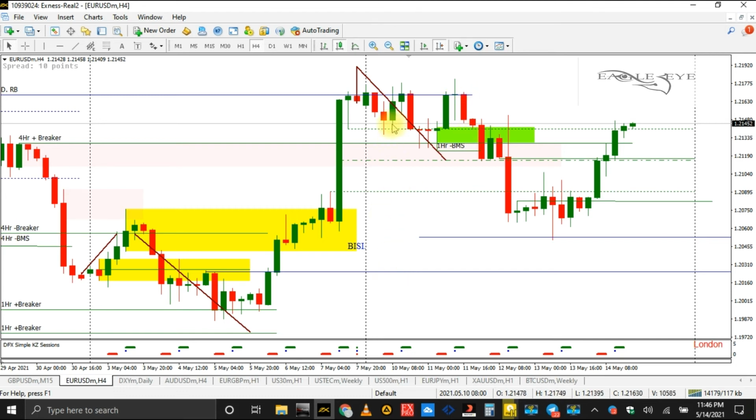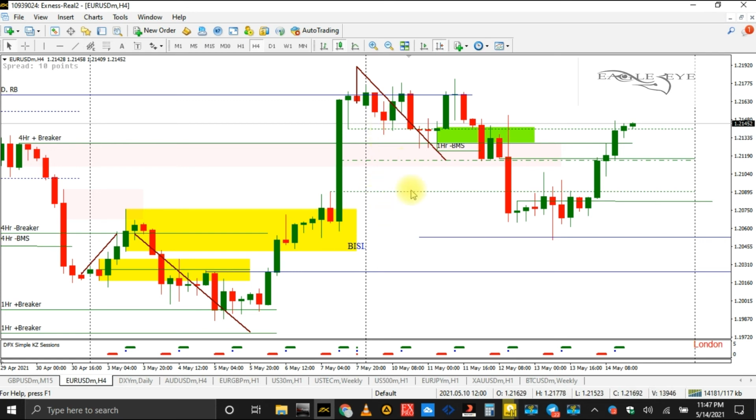Depending on the time of day, which I'm not going to talk about right now, I took a short trade from this area. Anytime I take any trade, my stop loss is 25 constant. So a short at this daily rejection block, then targeting this consequent encroachment, the midpoint of this line, and this.